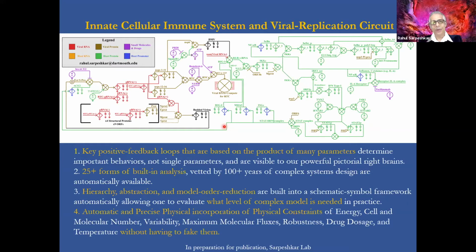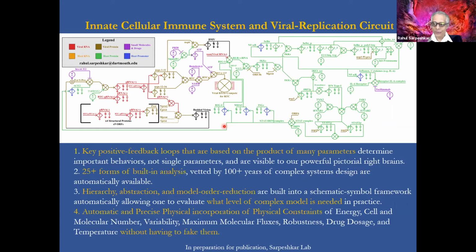Another very important feature is that you can use these tools, which have been meant for design, to do hierarchy, abstraction, and modeling. So you can have a very simple level 1 model or a very complicated level 27 model that puts in a lot of detail, and decide what it is that matters, that actually fits the data. And can we get away with doing something very simply, or do we need the whole complexity?